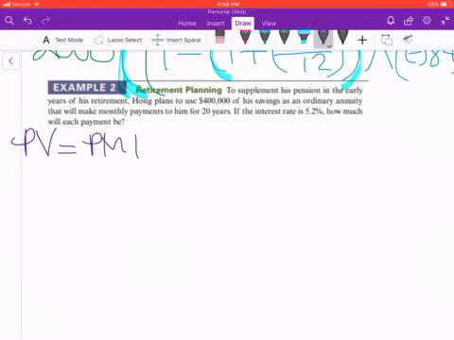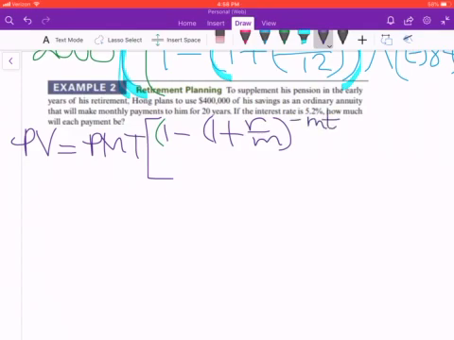It will be payments, bracket, 1 minus 1 plus R over M, close parentheses, to the power of negative N or MT, and all of that divided by R over M, and then we close the bracket.